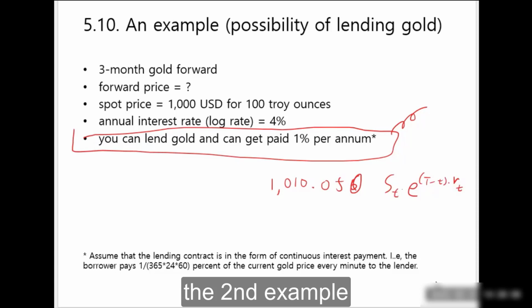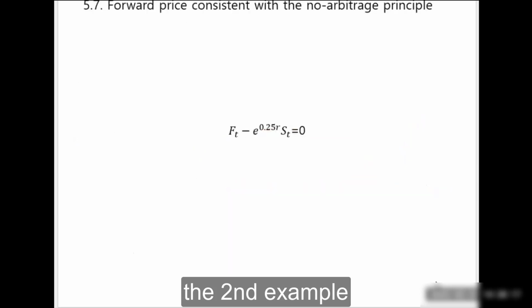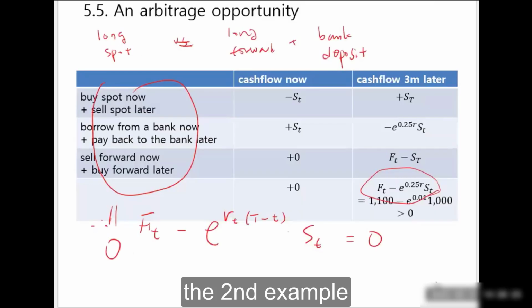Now, the new thing in this example is that there's a possibility of lending gold. Why does it make a difference? Because if you go back to how we derived our story, one component is that we assume that we would have physical gold with us from now until the expiration.